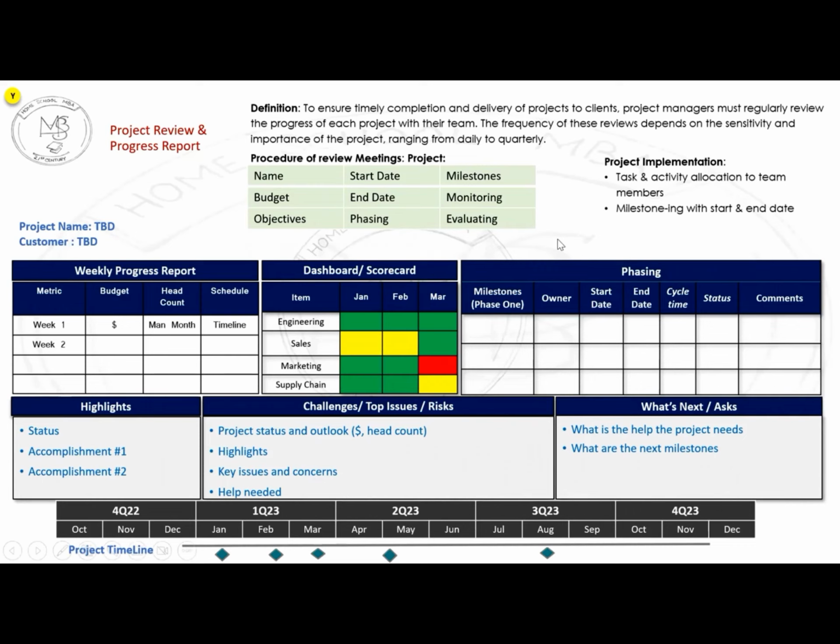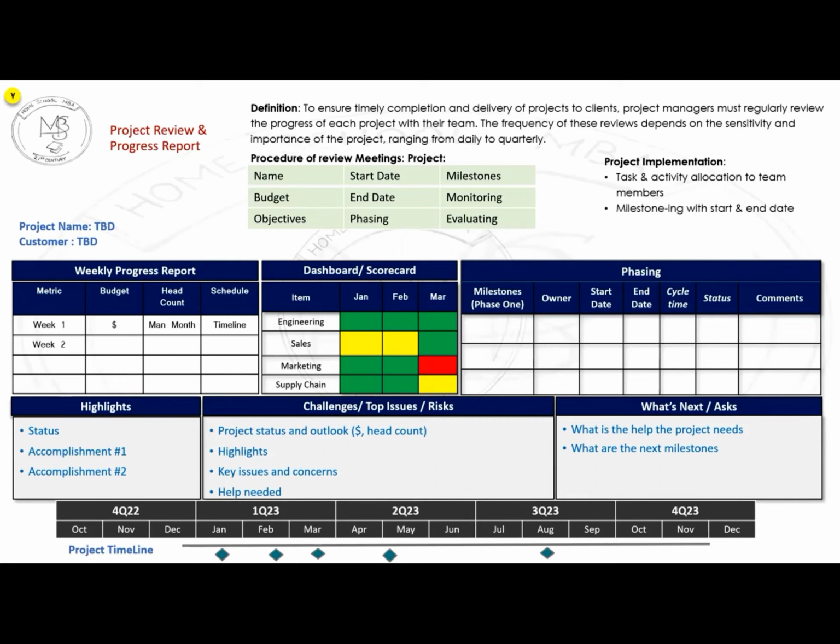Some projects are so sensitive that you have to maybe even monitor on a daily basis. And in this case, for the sake of example, we are talking of the weekly progress report. No, it's not just simply a progress report.